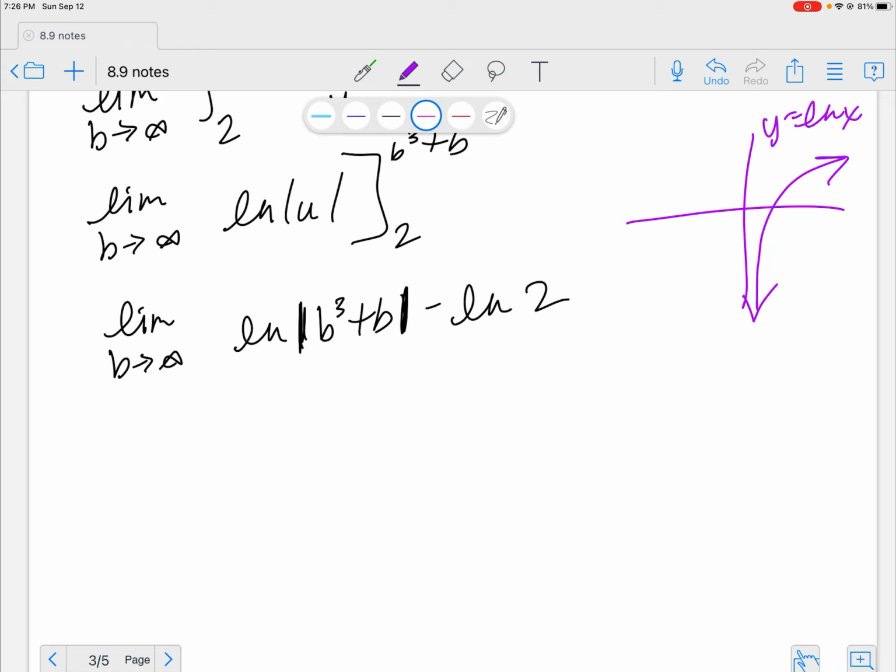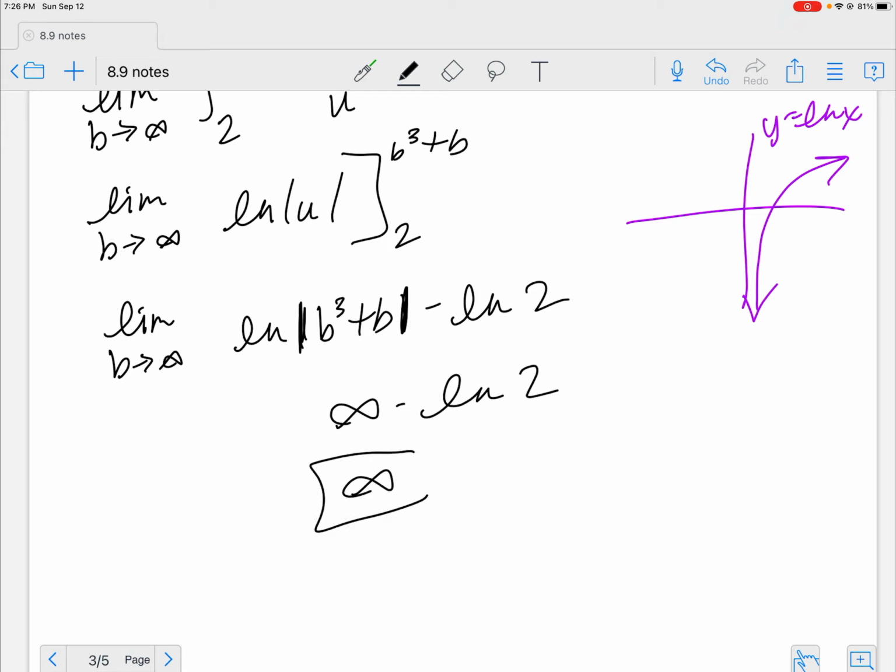Y equals natural log of x. It goes to infinity. It doesn't get there very quick, does it? But it does go to infinity, which means this is infinity minus the natural log of 2. So the whole thing goes to infinity.